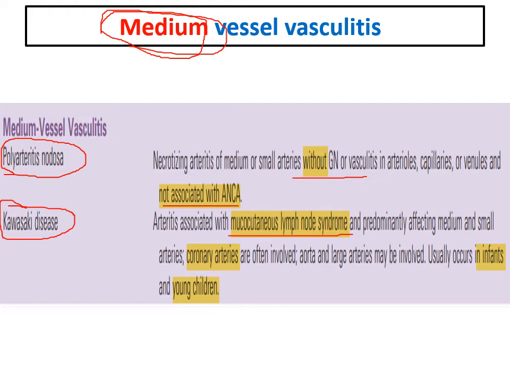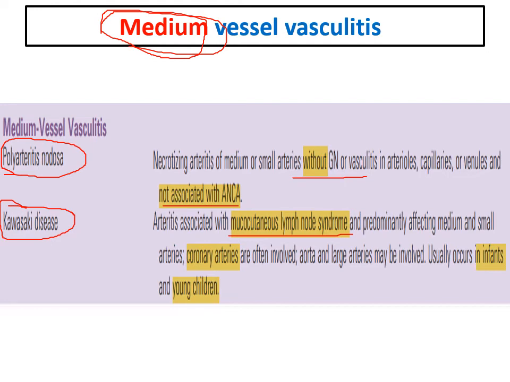Arterial aneurysm can also occur in some patients, and there are also skin manifestations. Arterial aneurysms are very common and can be diagnosed by angiography in patients with polyarteritis nodosa. Don't forget that polyarteritis nodosa is associated with hepatitis B virus infection. There is mononeuritis multiplex, weight loss, epididymo-orchitis, and GIT affection.